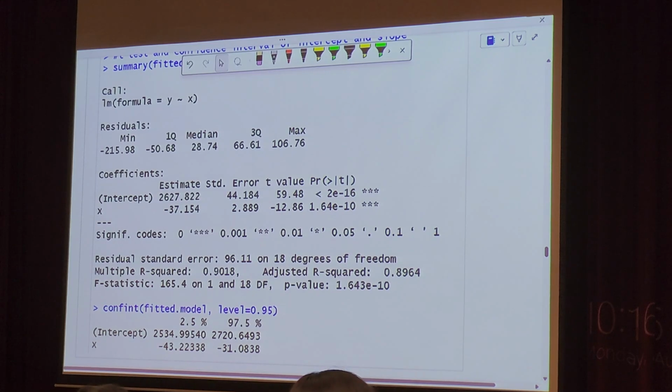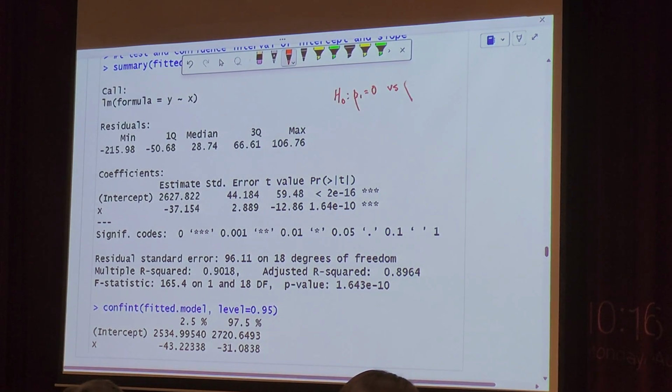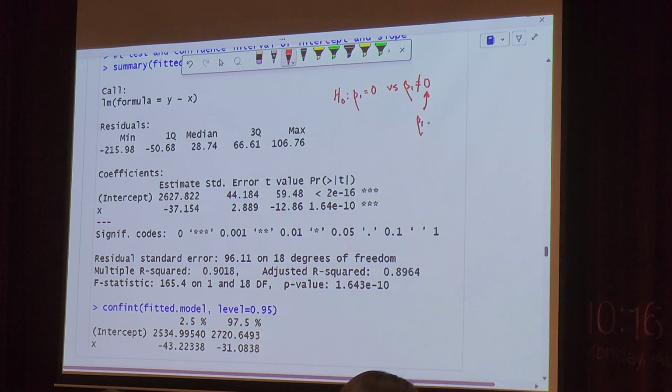So, of course, we also learned the use of p-value, right? So, for example, when we are testing whether beta 1 is 0 or not, this is beta 1 0. It's a constant that we are trying to test.